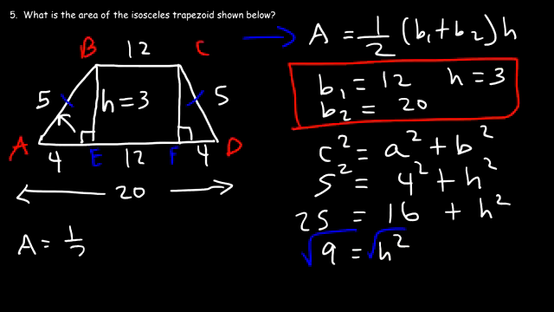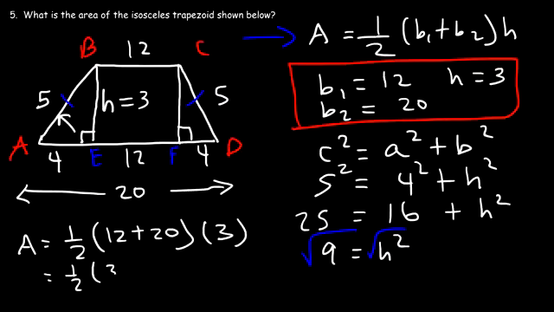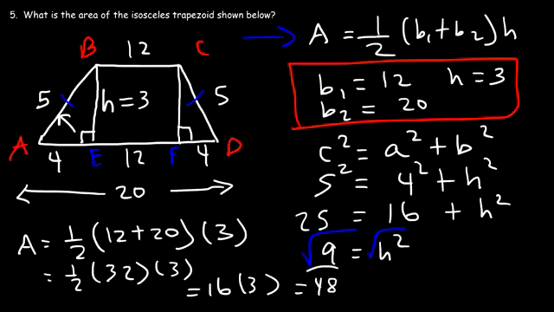So it's going to be 1/2 b1, which is 12, plus b2, which is 20, times the height of 3. Now, 12 plus 20 is 32. And half of 32 is 16. 16 times 3 is 48. So this right here is the answer. That's the area of the trapezoid.